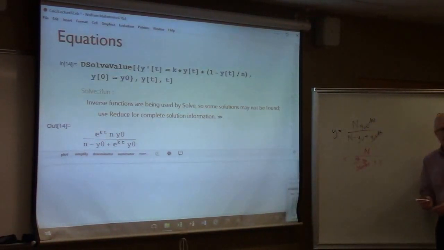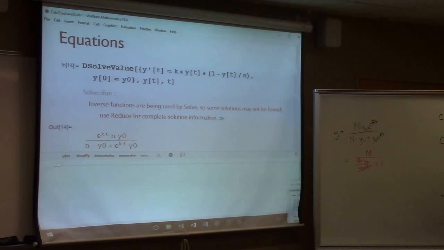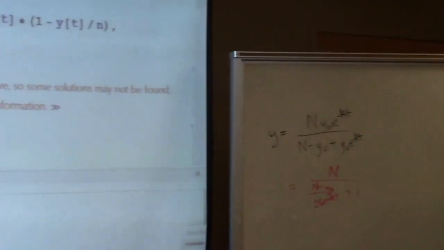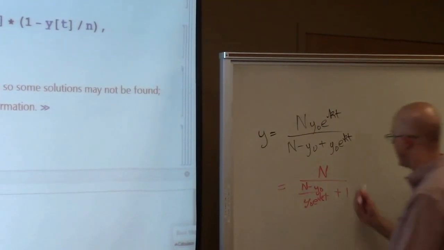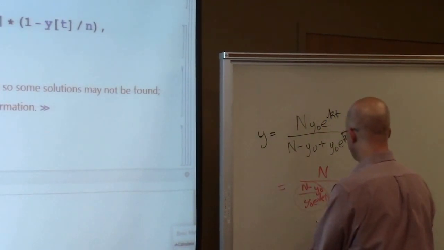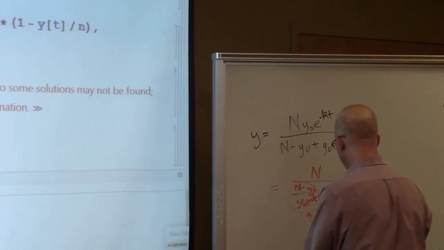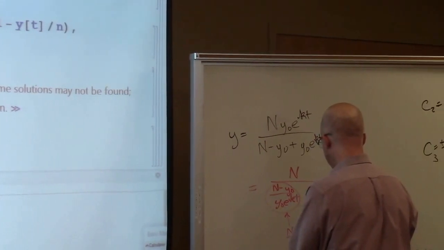And that is sometimes done actually. So I divided everything by y0 e to the kt. And this fraction here can also be rewritten in a different form as n over y0 minus e to the negative kt.